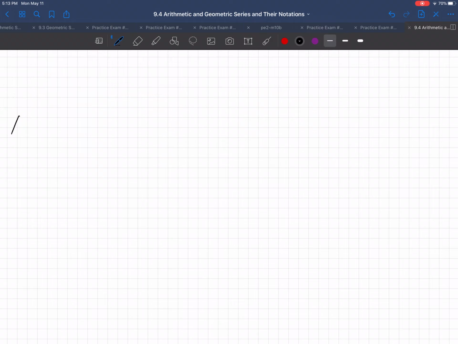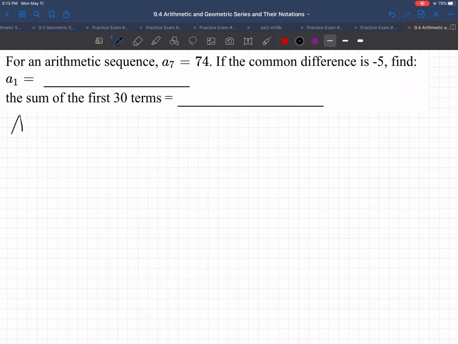First off, for an arithmetic sequence, you have a sub n equals a1 plus n minus 1 d.